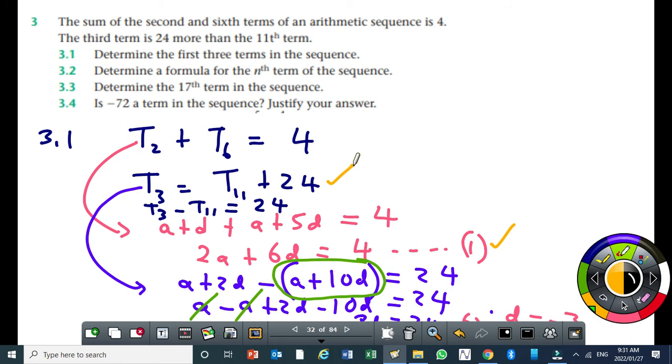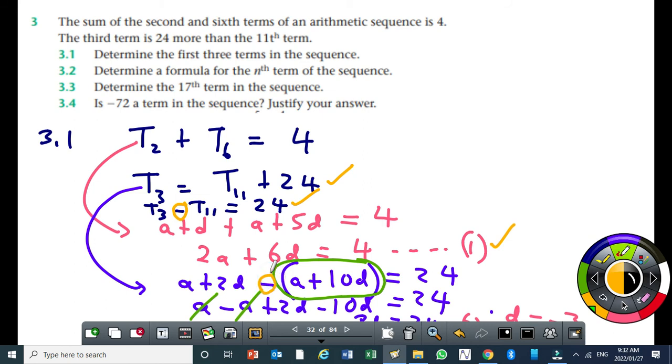I decided to rewrite it like that because it makes things easier when I'm creating the equation in terms of A and D. So it's T3 minus T11 is equal to 24. We know that T3 is A plus 2D. We know that T11 is A plus 10D. But because A plus 10D is a binomial, we put it in brackets. There is a minus sign here, which comes from here.